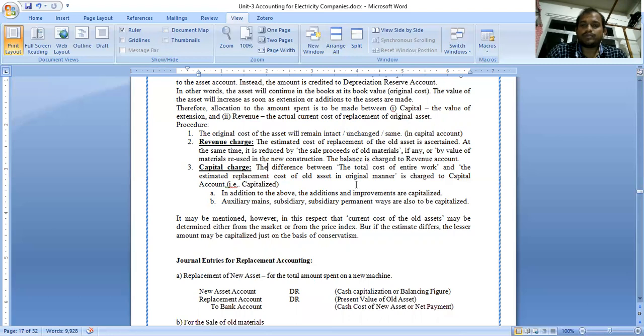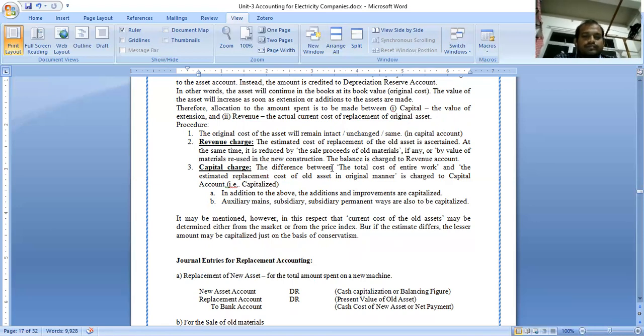So the difference amount, 60 lakhs minus that 38, how much is it? 22 lakhs, the difference amount. That 22 lakhs you have to bear out of your pocket, right? Likewise, we have to calculate the capital charge.